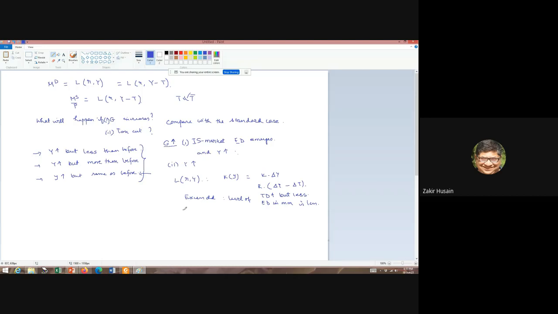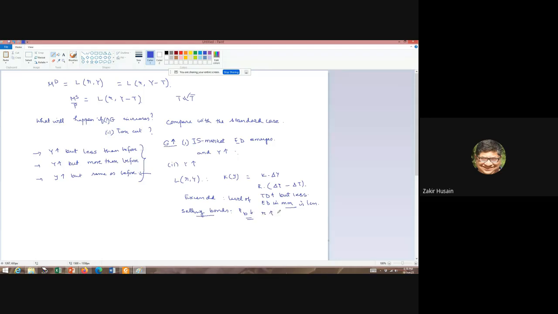That means you're still selling off bonds to hold money in the form of wealth, as a result of which, if you're selling off bonds, supply rises, so the price will fall. But if the excess demand is less, you're going to sell off fewer bonds, price will fall but by less.